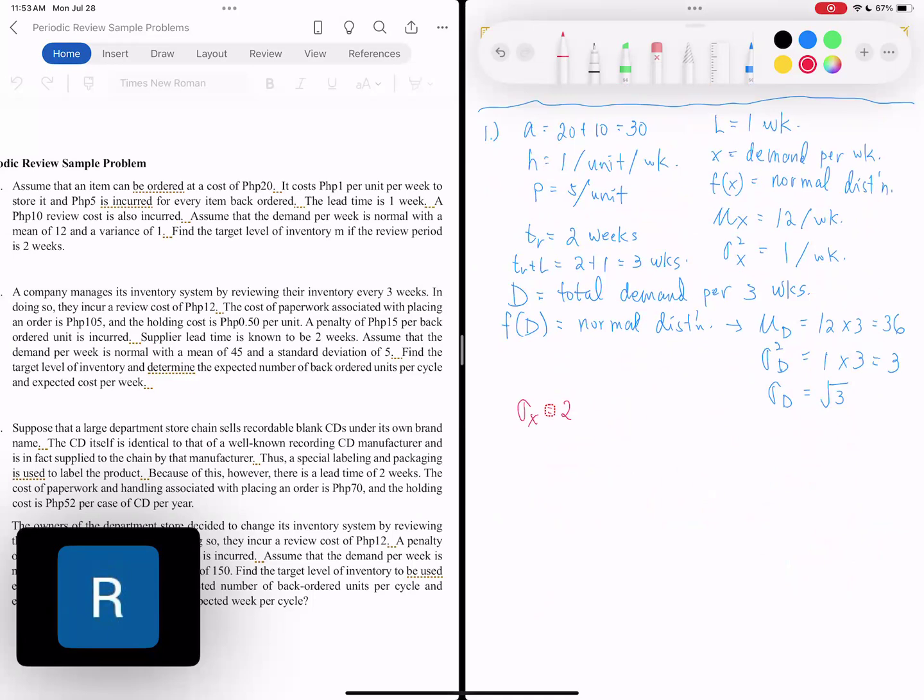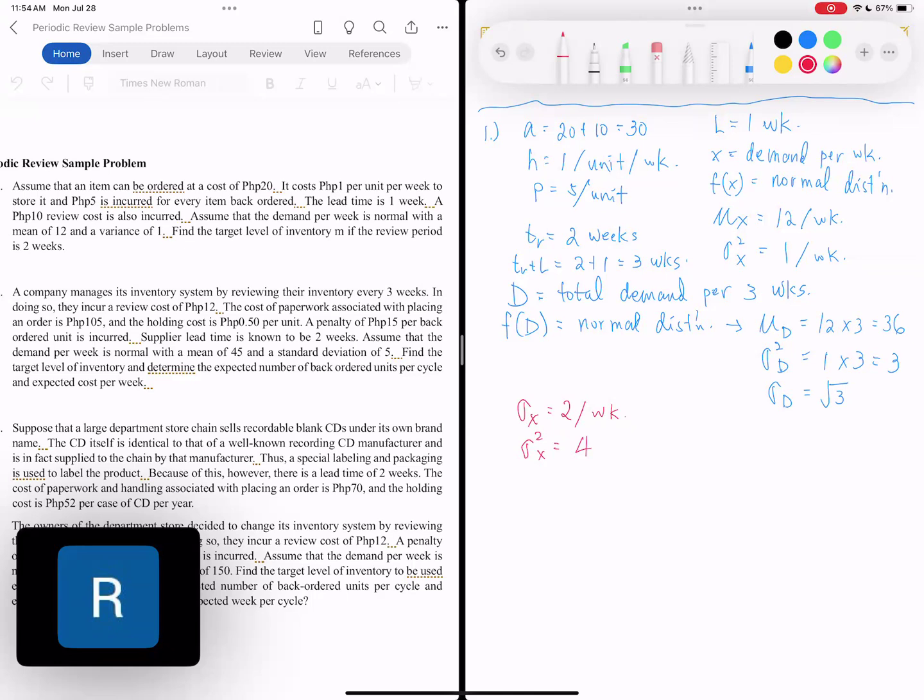So that's 2 per week. What you do is convert the given to the variance first. So if sigma is 2, what will be the variance? 4. Okay, that would be 4.